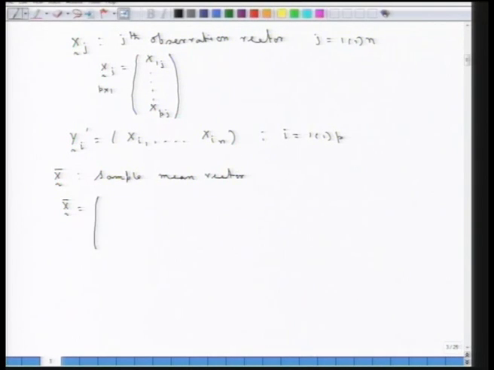This is a p dimensional vector which holds x1 bar, x2 bar, and the pth variable's mean xp bar.